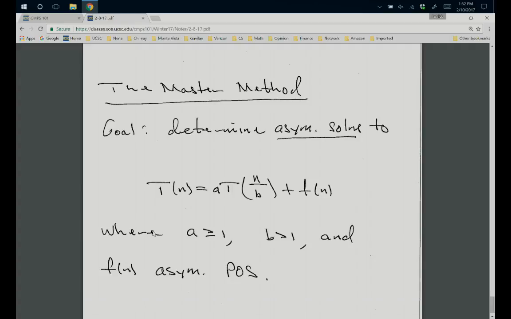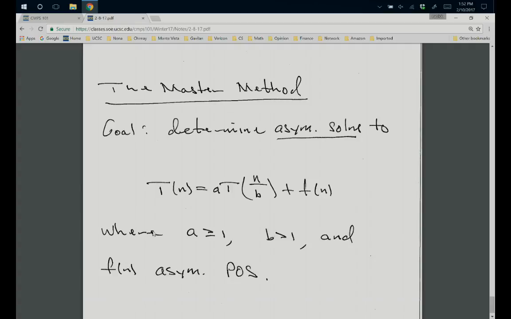So let's look at t of n is 5 t of n over 4 plus n. So what are we supposed to do?